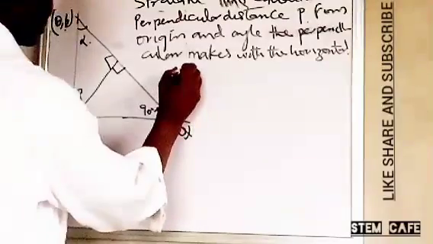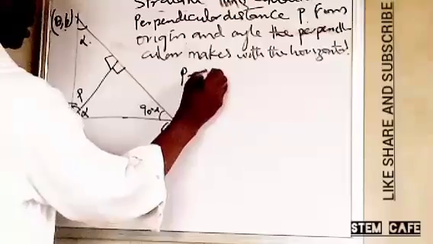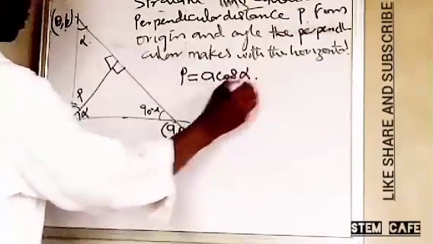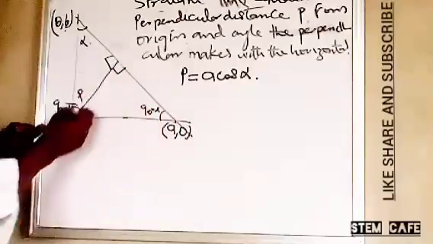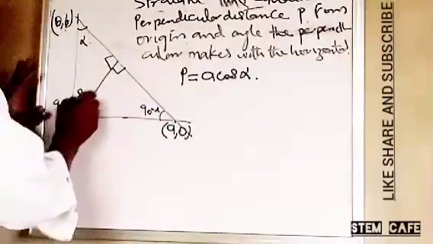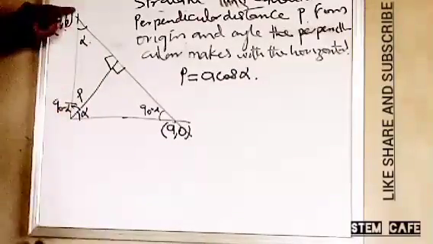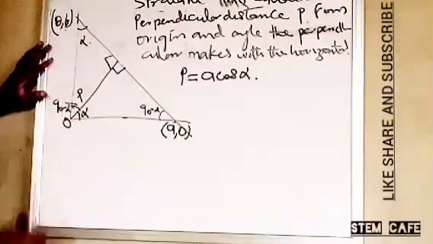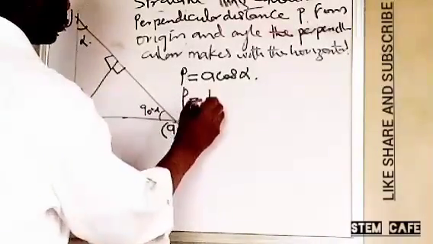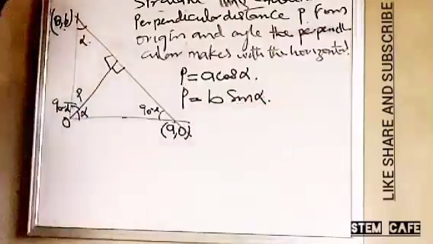So p is equal to a cos alpha, adjacent over hypotenuse. Now, p here is the opposite, and this side is the hypotenuse. So p equals b sine alpha.